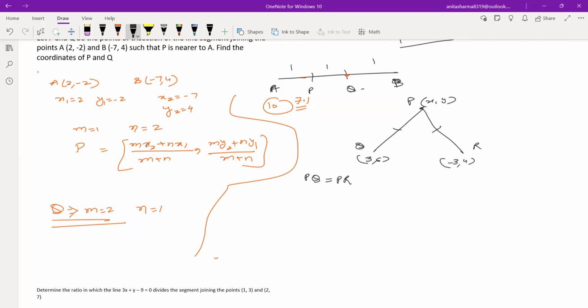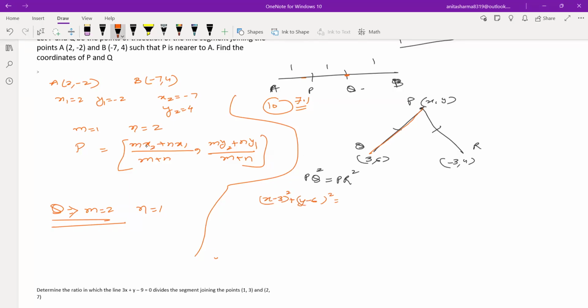Squaring both sides, PQ square is equal to PR square. Now apply the distance formula. So you will write x minus 3 whole square plus y minus 6 whole square.